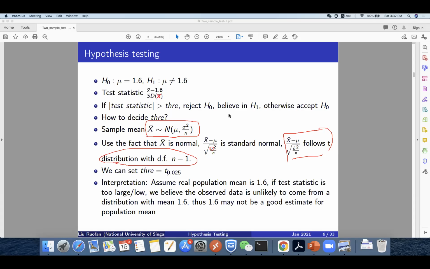So when the variance is the actual variance, it becomes a normal distribution. Otherwise, it becomes a t distribution. As long as it forms the distributions, we use another formula to represent it, and we can use a specific threshold to define the quantile. So that is the idea.